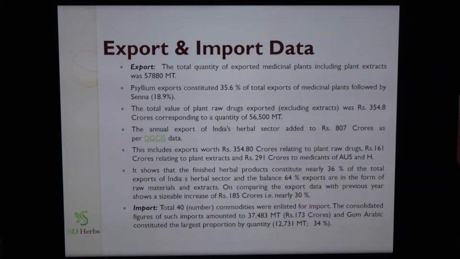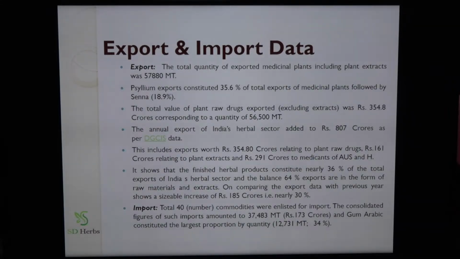The annual export of India's herbal sector added up to 807 crores as per DGCIS data. Why am I giving you these figures? Because these figures motivated me in the early stage to get into this field. So these are some figures.